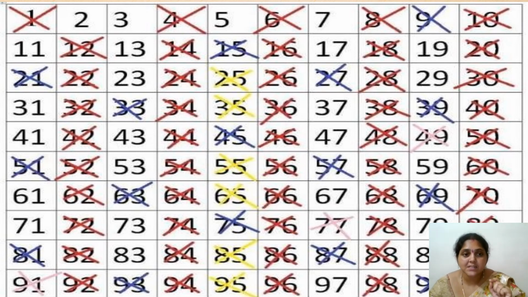The numbers which are struck out are available in other tables also, but the numbers like 2, 3, 5, 7 have only two factors, that is the number and 1. Such numbers are known as prime numbers and the crossed out numbers are known as composite numbers. How we have identified this and how we have cut the numbers, we will see now further.